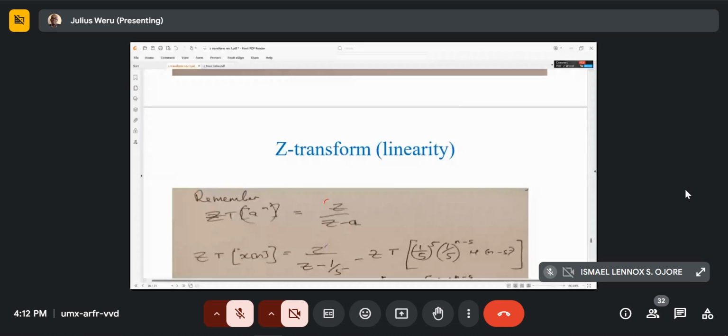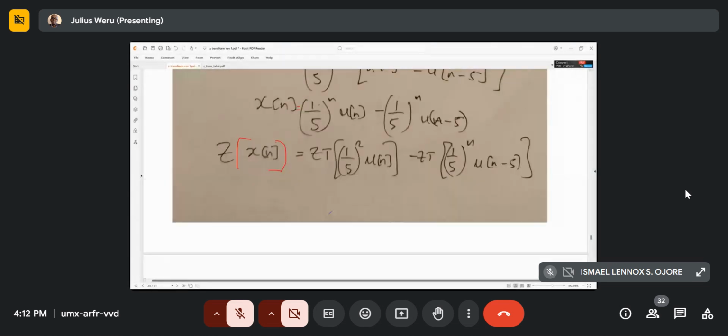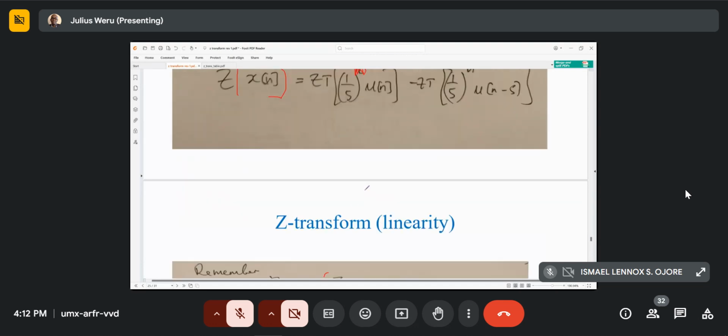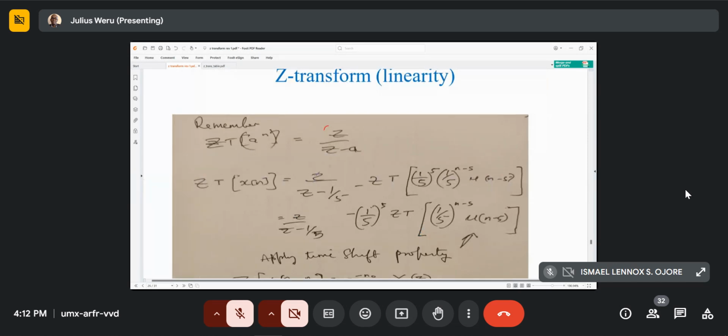So for this, this is your a. Oh, this is n, not 2. Which is simply z over z minus 1.5.